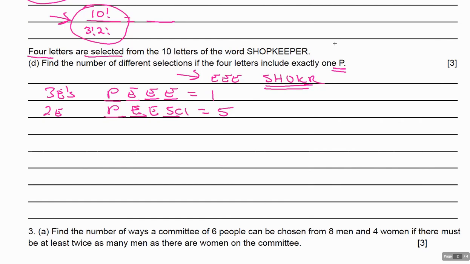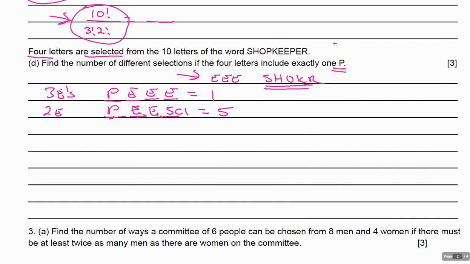In this arrangement, there is a P and 3 E's. There's only one way for that to happen, and so I've written it down. In this scenario, there are 1 P and 2 E's. So this part, there's only one way for that. The only thing that can change is this last digit, and there's 5 ways for that to happen.